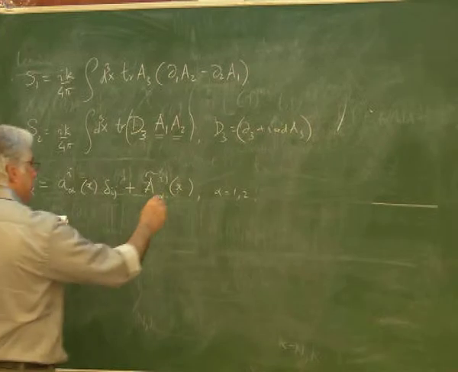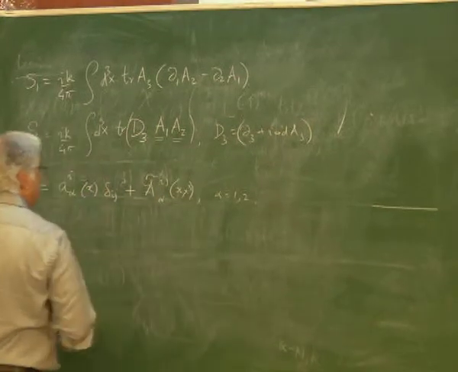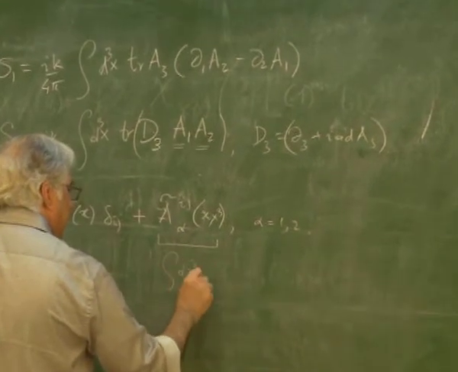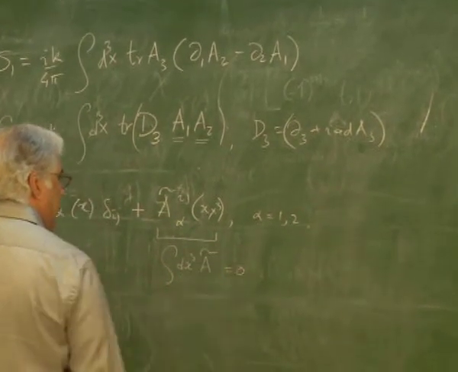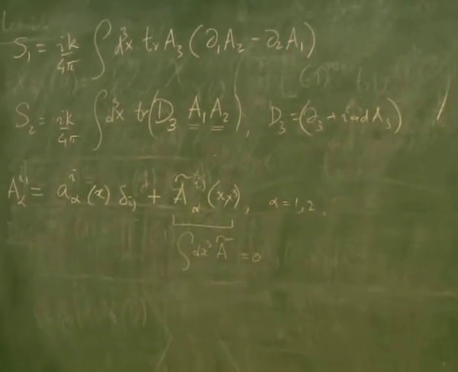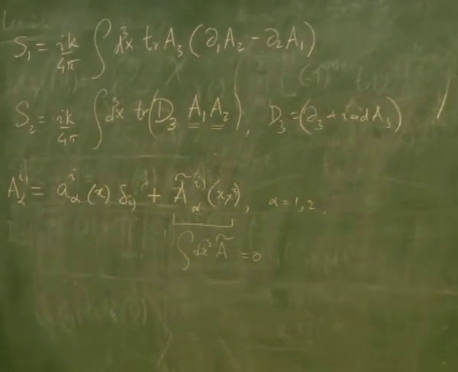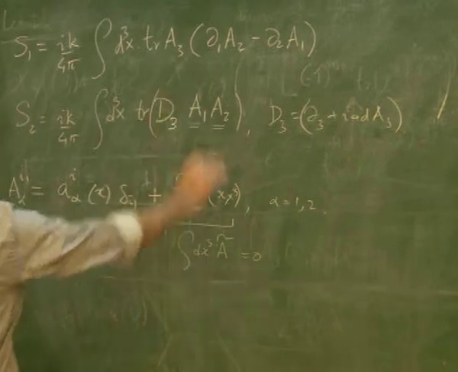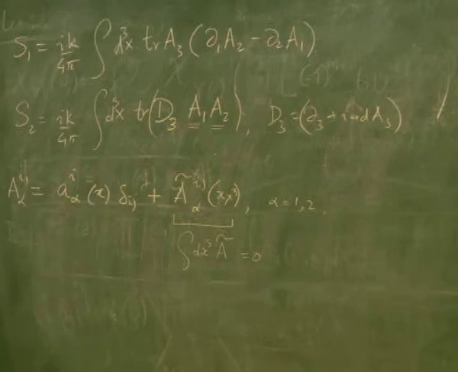Okay, and this has an x3 over here. This is such that its integral over dx3 is equal to 0 because I have extracted out the zero mode over here. Okay, you do this and you plug in the fact that A3 is diagonal, and you get something recognizable and interesting.